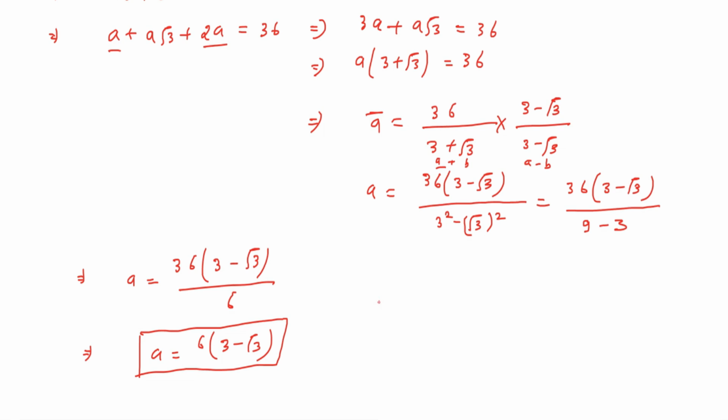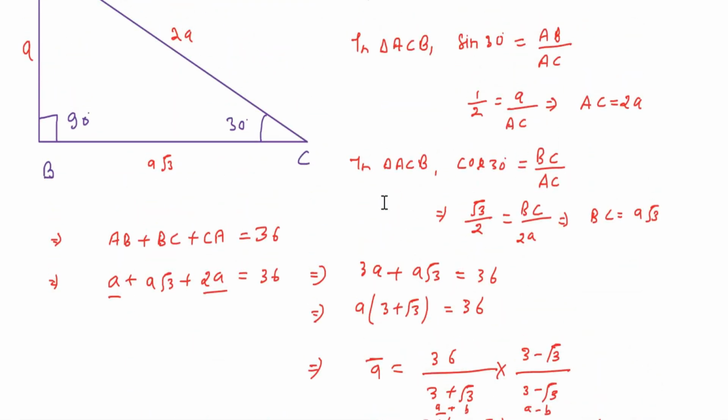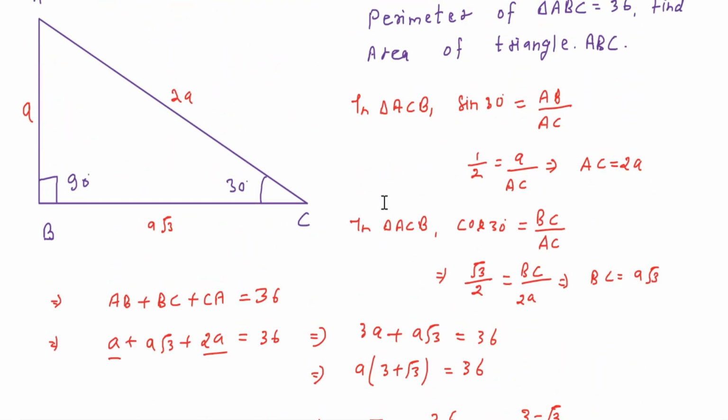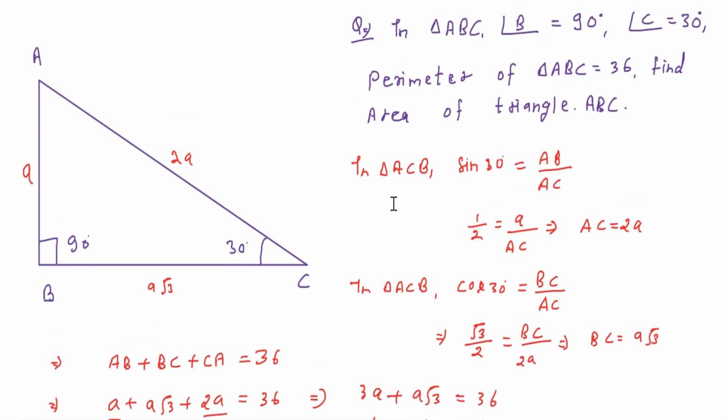So from here we can calculate the area of triangle ABC in exact form. So the area of triangle ABC can be written as 1 by 2 times base, that is BC, and height, that is AB.